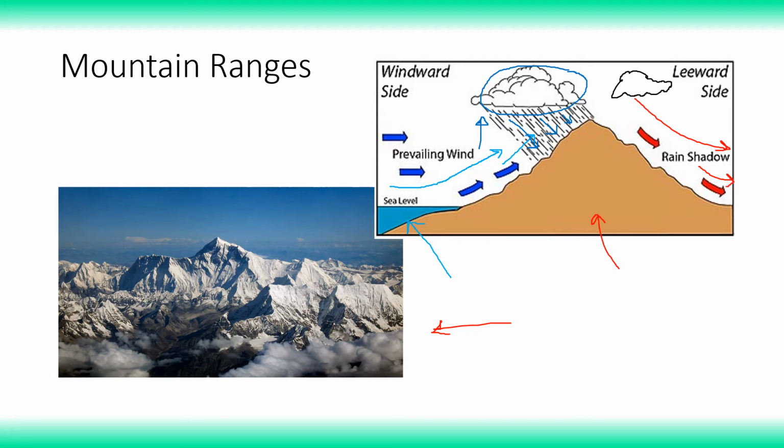And so what we get on the other side, like on the right side of the mountain in this picture, would be a desert, because a desert is just an area that doesn't receive very much precipitation. And if you've got the mountain hogging all of that precipitation because it's pushing the clouds up, then there's no moisture left in the air that makes it over the mountain and then rains on the other side. So mountain ranges, sure, they look great and stuff, but they can also have some far-reaching consequences because they can be responsible for the formation of deserts.